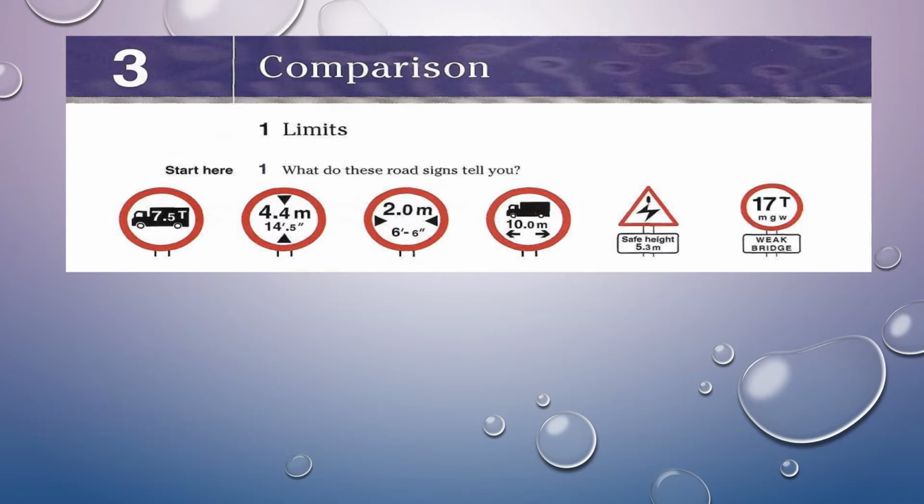It means 2.0 meters. Here we have this lorry, 10.0 meters from here to here. Okay, here we have safe height, 5.3 meters. And here we have 17 tons, weak bridge.